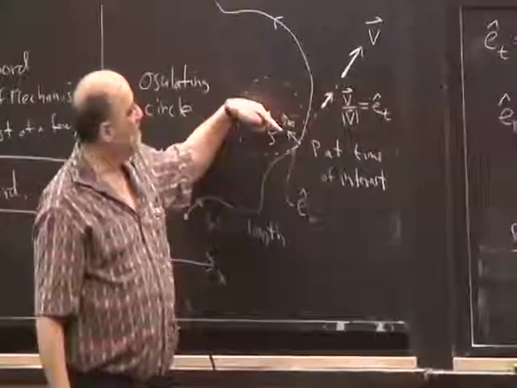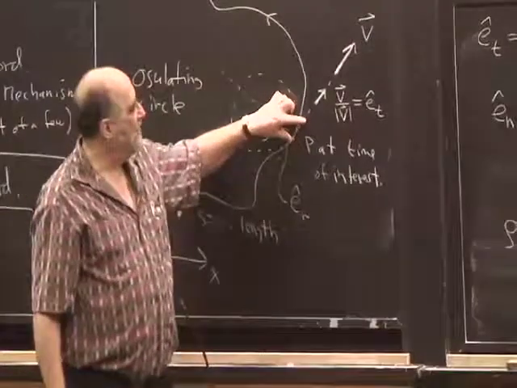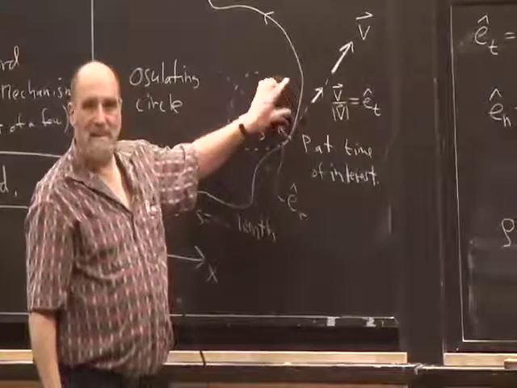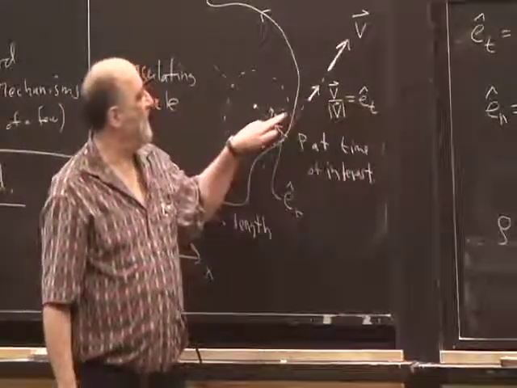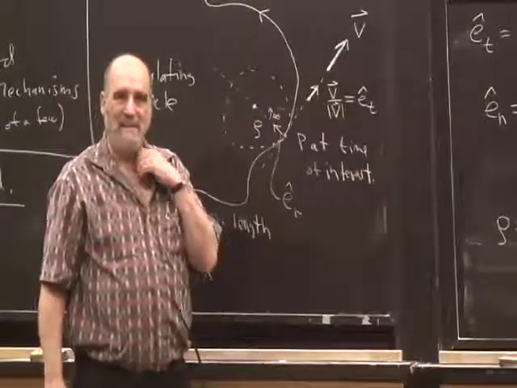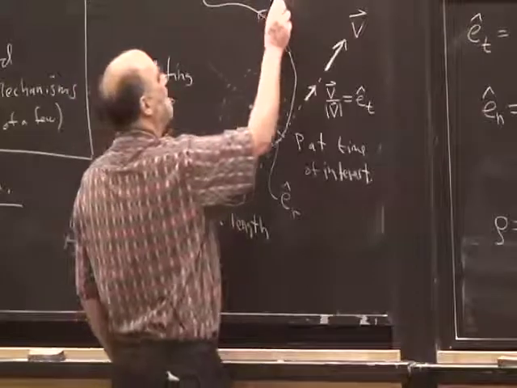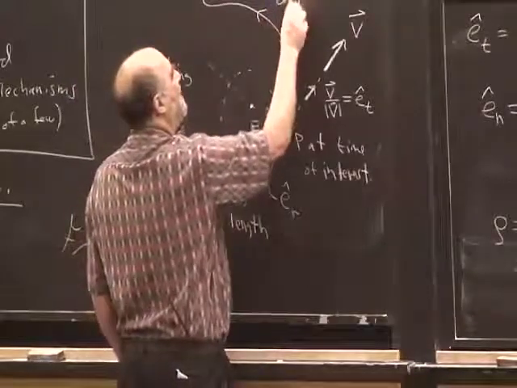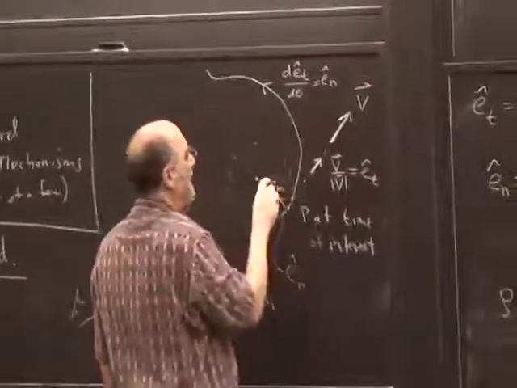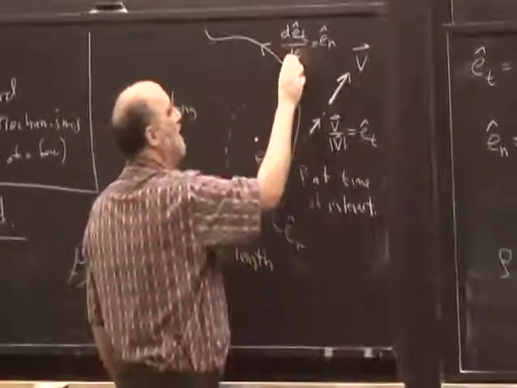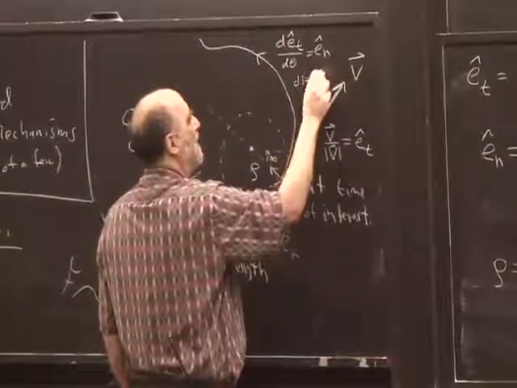The reasoning involves putting in a little angle here and looking at how this unit vector changes per unit arc length, and getting a formula for det d theta, which will be in the en direction. Okay, so the missing piece here is d et d theta will be equal to en, where theta is this angle here, and then we have to have ds is equal to rho d theta.